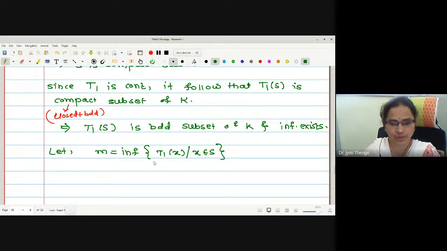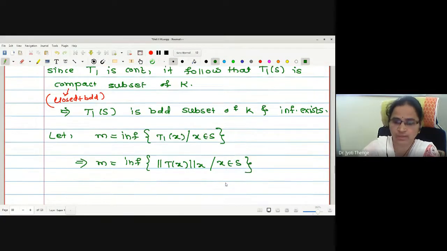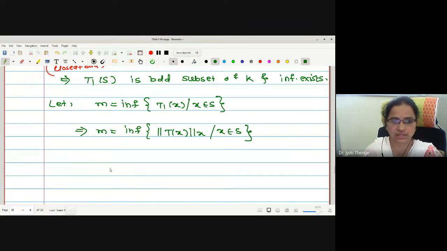But what is T1x we have defined? Norm x of T of x. If it is a collection of elements with norm, every norm is non-negative.